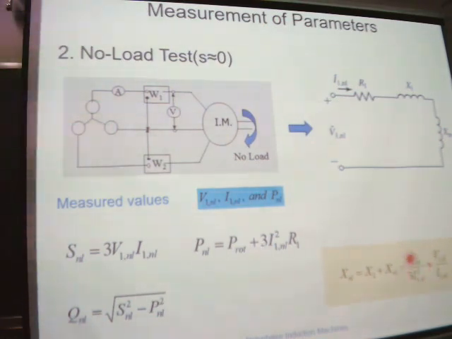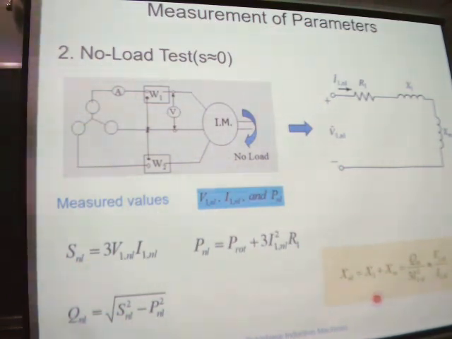This can calculate the reactive impedance of this circuit, which is just the sum of X1 and Xm. So using Q and the current, we can obtain the sum of X1 and Xm, designated by X_nl. So this can be obtained.